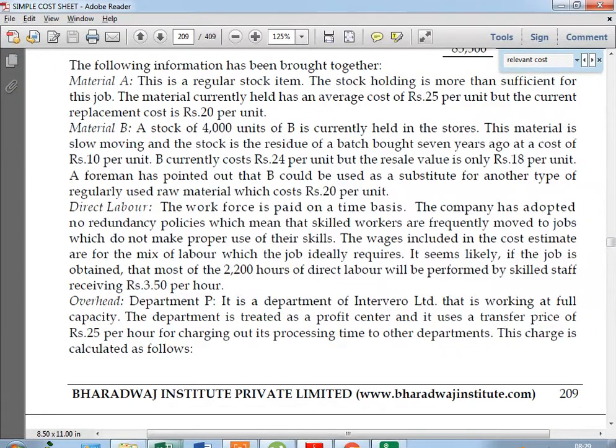Full stop. Hence the relevant cost is 200 into 20 rupees, 4,000. Any doubts on this?